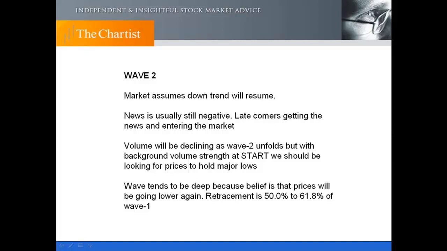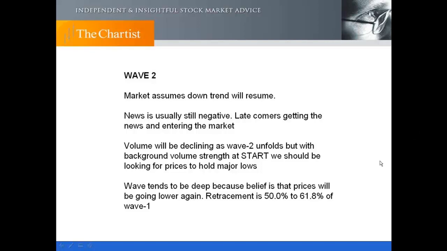Latecomers are getting the news and they're entering the market. Of course, they're entering short. But volume will tend to be declining as wave two unfolds, and that's a very, very important function. If volume is declining into wave two and there is background volume strength at the start or the bottom, then potentially we have a very, very good reason to start getting bullish. So a low volume decline into wave two is very, very important.